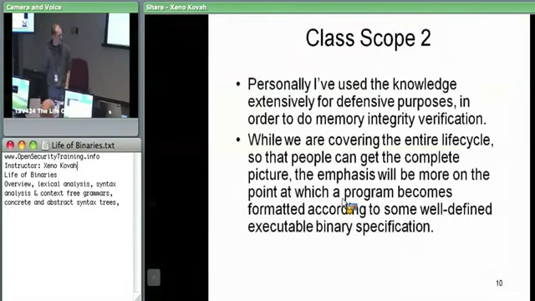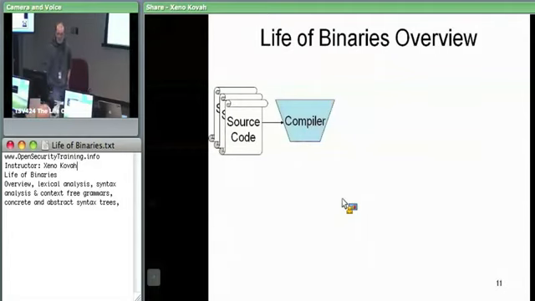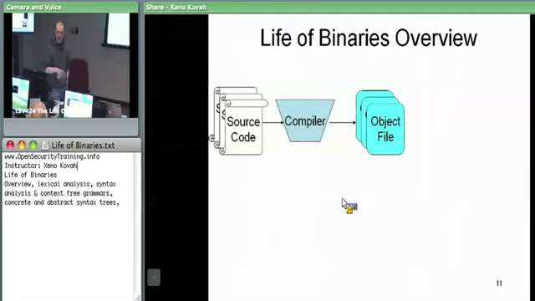All right, so this is our high-level overview. Most people know the general gist of how source code turns into an actual binary. You have a bunch of source code files, and those are fed into the compiler, and for each of those source code files, it generates an object file independently. It has its rules about how it's going to break down the source code and turn it into a well-formed binary, but it generates them one per source code file.